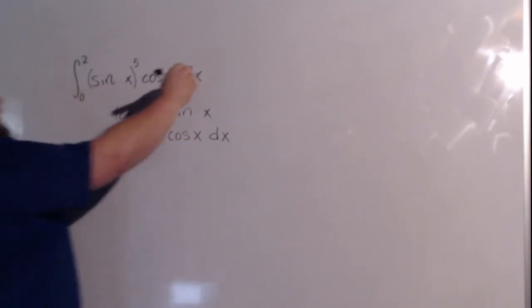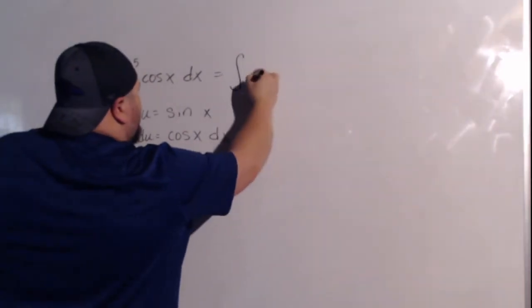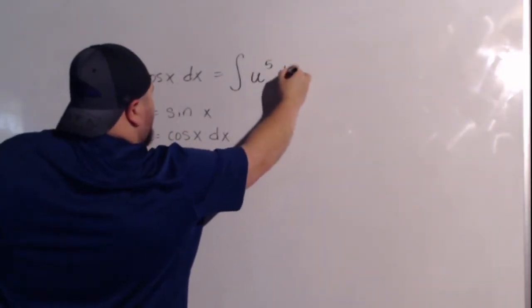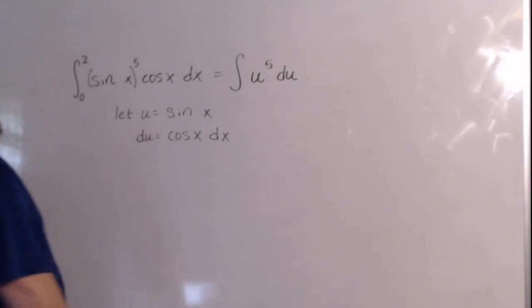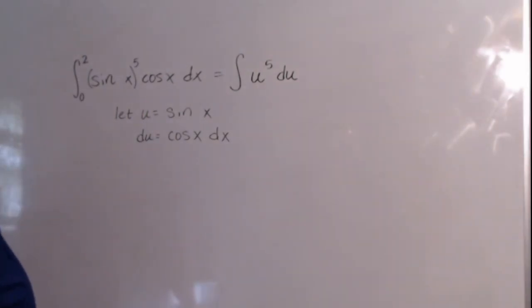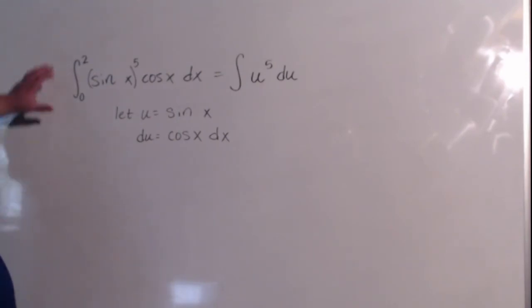So this integral is now u to the 5th du. Now the only thing is that this is not going to give us a nice number when we plug in.